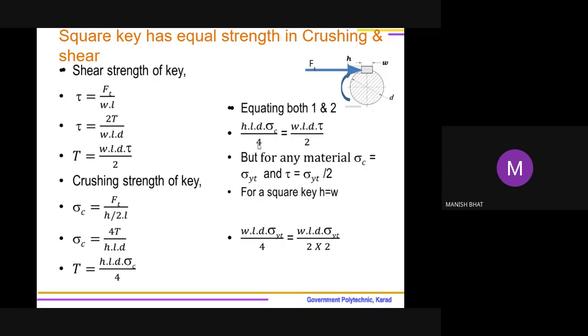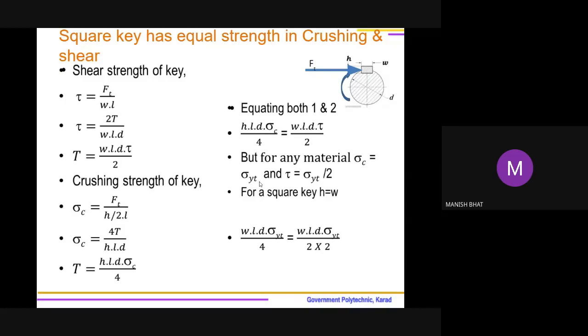And what will I be doing? I will now convert the design strength into the material strength. We know that whenever I am supposed to find crushing strength, it is equal to sigma YT. Always the material's tensile strength is known.